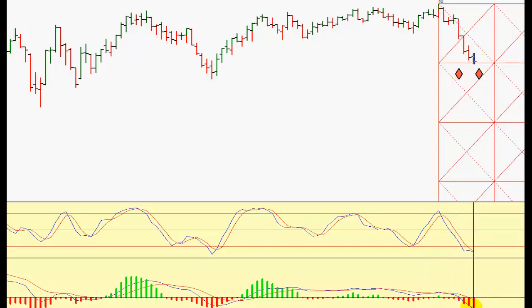MACD isn't showing anything spectacular here, although this histogram here is about as deep as it's been in recent past, so it wouldn't be surprising to see the market make a bottom with a histogram that's not really that deep like it is over here, for example. But anyway, that's beside the point.